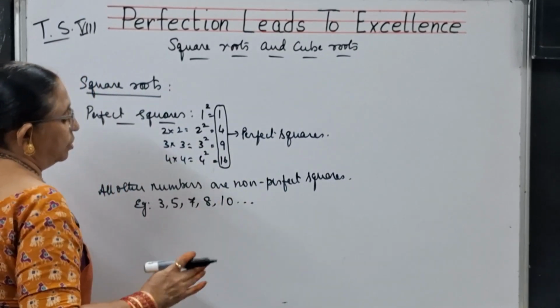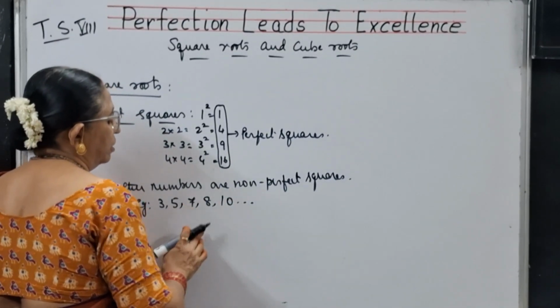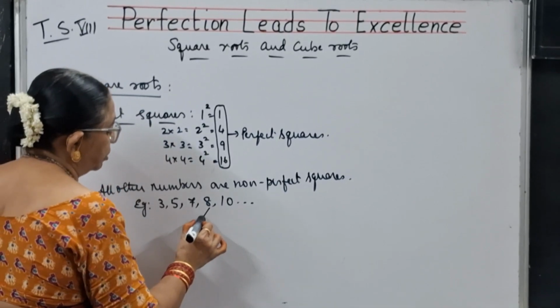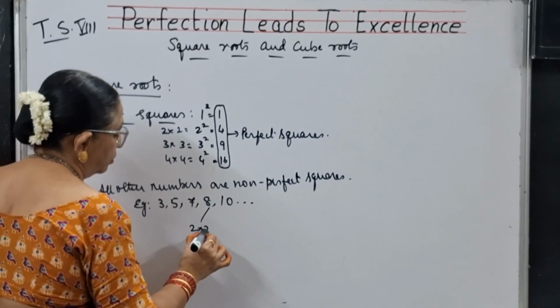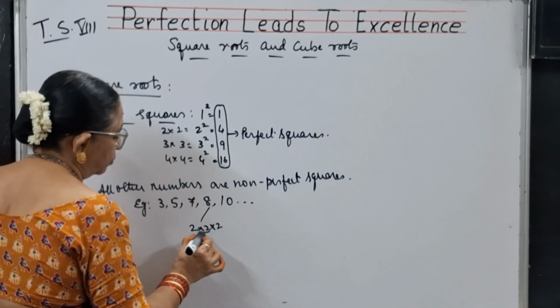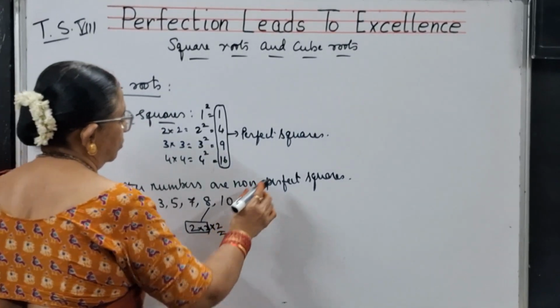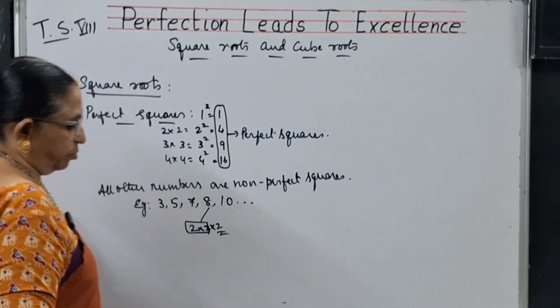Suppose 10 is there, 2 5s are 10. 8 can be written as 2 into 2 into 2. So 2 2s okay, but you have one more 2 extra. So it is also a non-perfect square number, children.